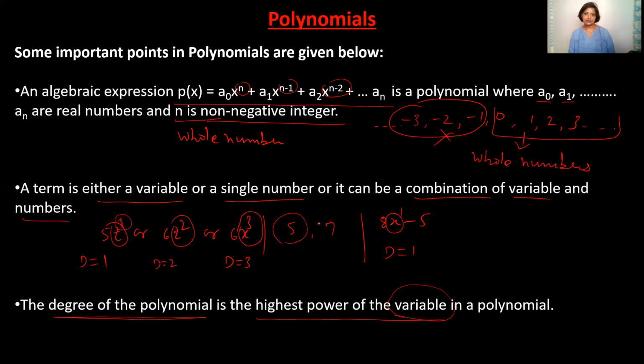In this one, how will we find the degree? I say the degree of this polynomial is 0, but how is that? If you take any variable along with this, suppose we take x raised to power 0, taking 0 as the degree, and we write 5x raised to power 0, what is the value of x raised to power 0? x raised to power 0 is 1.